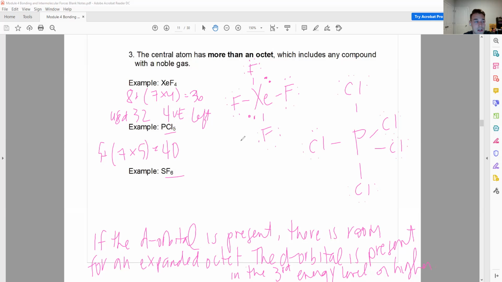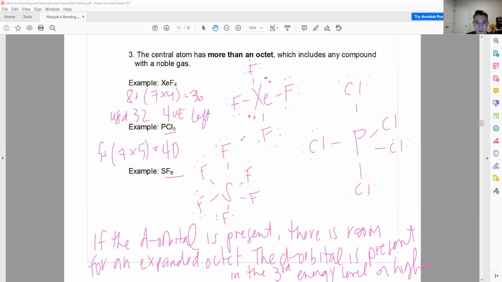Phosphorus is in the 3rd energy level or higher, so it can break the octet rule. Same thing with sulfur. For sulfur hexafluoride, 1, 2, 3, 4, 5, 6. We always want to make sure we're putting our lone pairs. Okay, and there we go. We've done the same things.